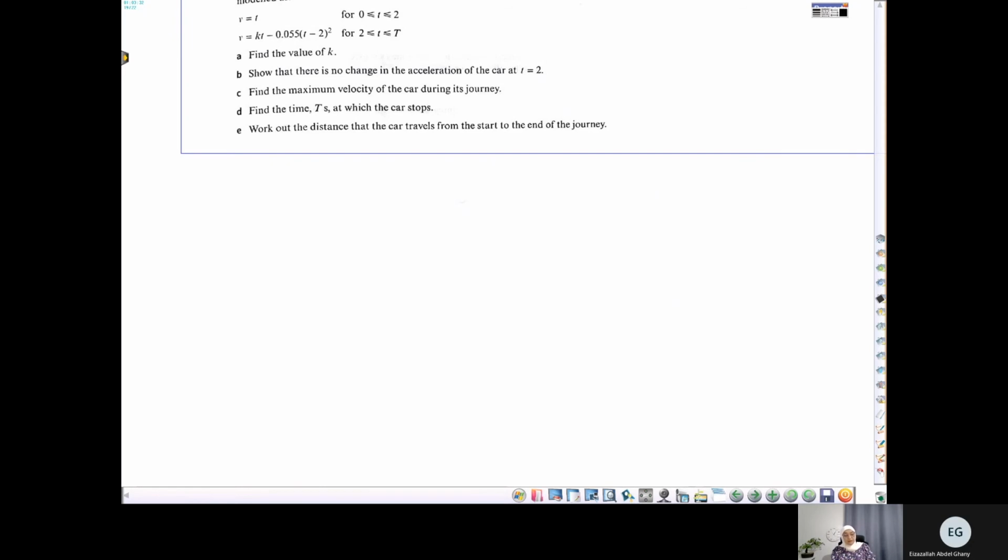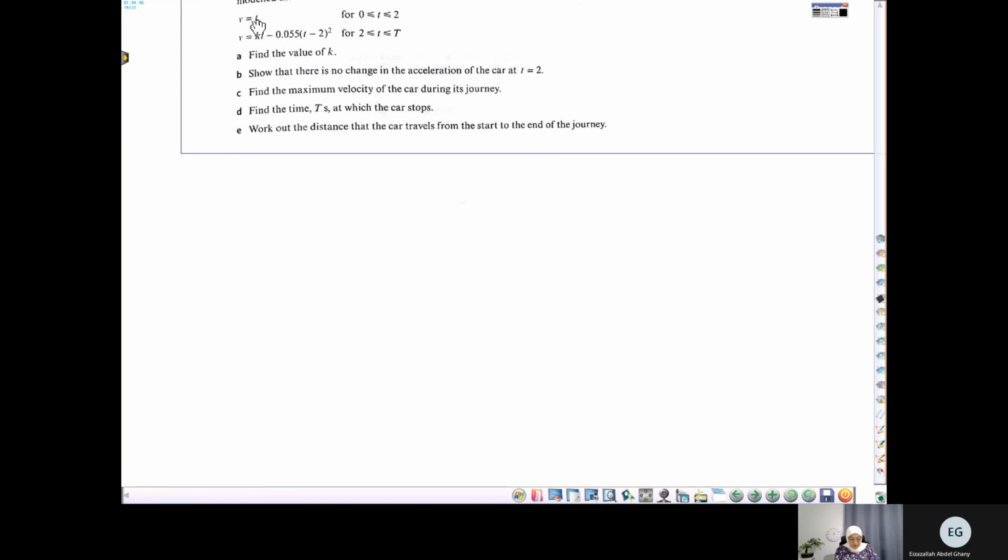In order to find the value of k, we have to substitute, of course, in the second stage. But we have to use something which is nice and easy. Of course, velocity is continuous at time t equals 2, because from 0 to 2 it has a formula, and from 2 to T it has another formula. So velocity is the same in both cases.